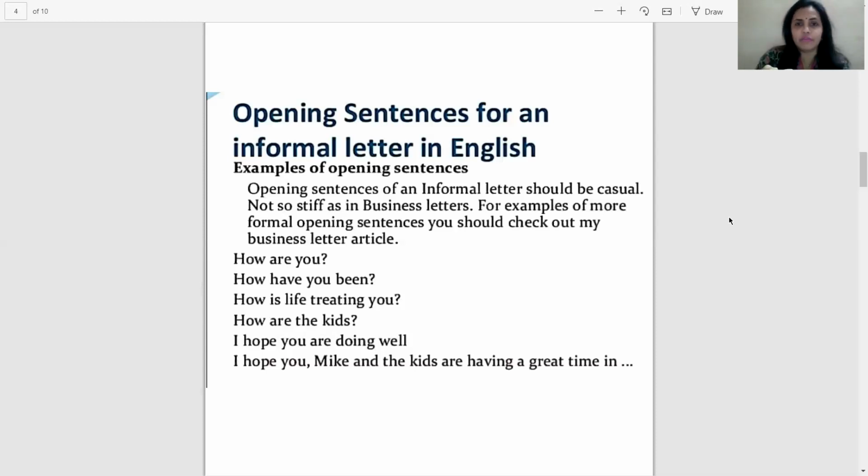You may choose any one of them to begin the letter. If you know that you're writing to some elderly person, you may ask, how are the kids? I hope you are doing well. In this manner, we can begin our informal letter writing.